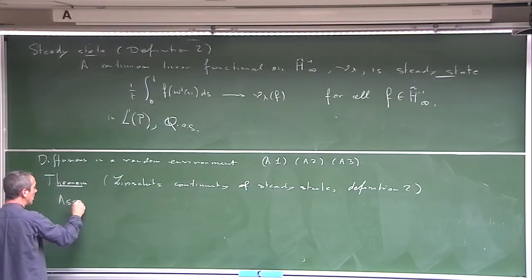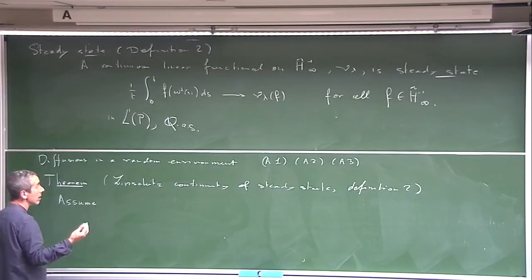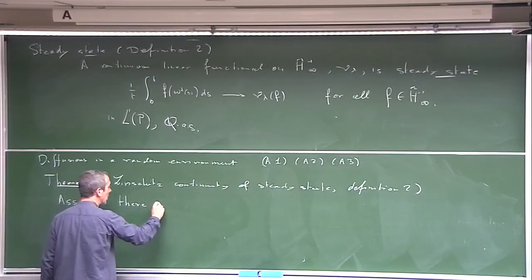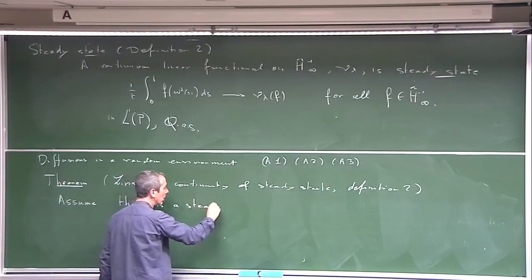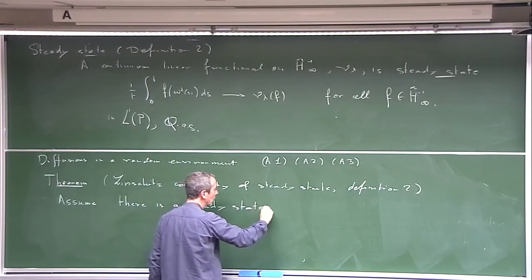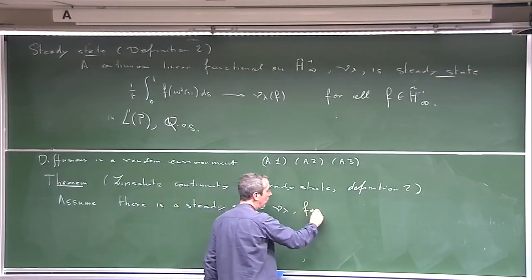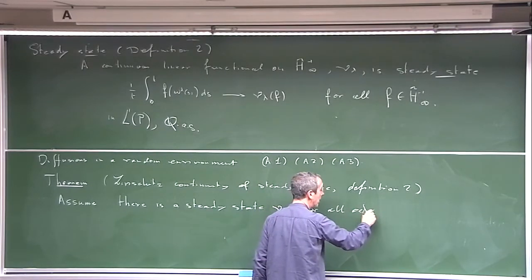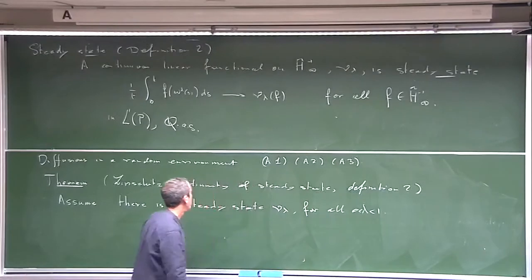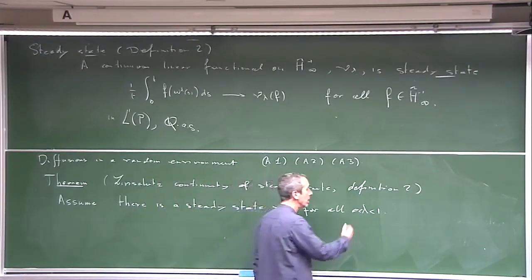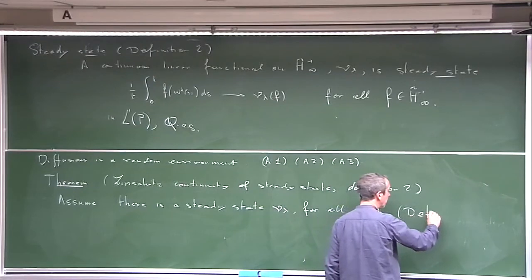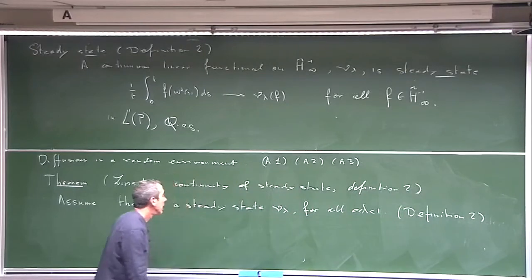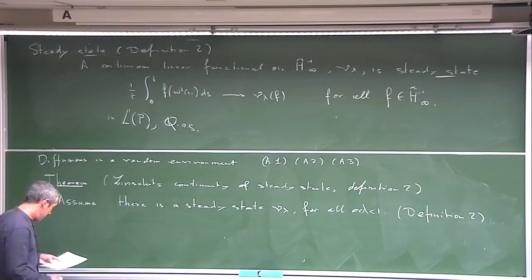So here's the statement. Assume that there is a steady state u_λ for small enough λ, say λ between 0 and 1, where the steady state is in the sense of definition 2. Then it will be Lipschitz continuous.